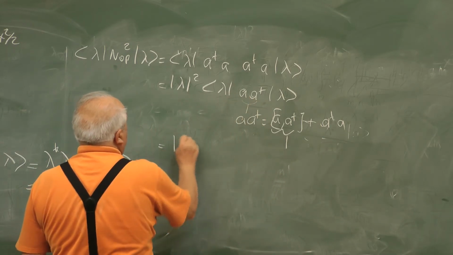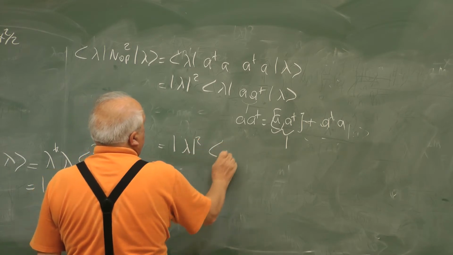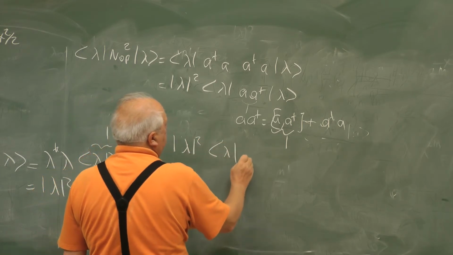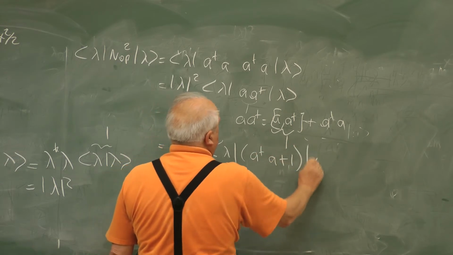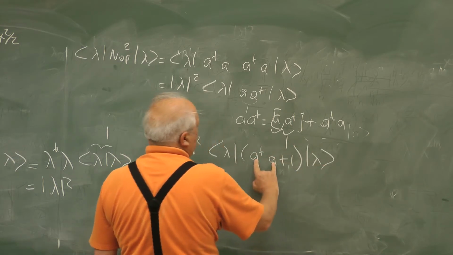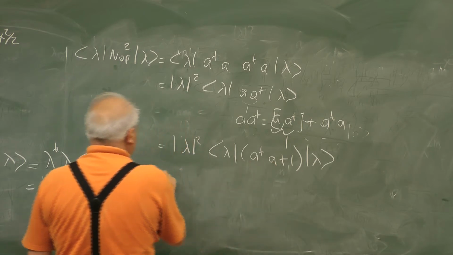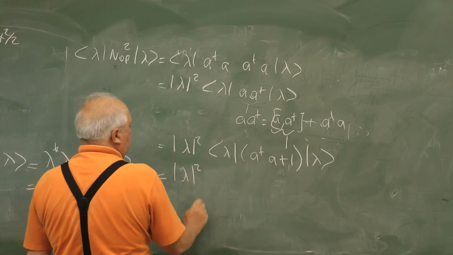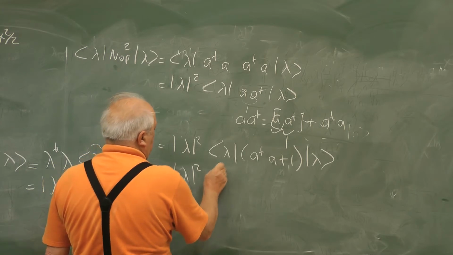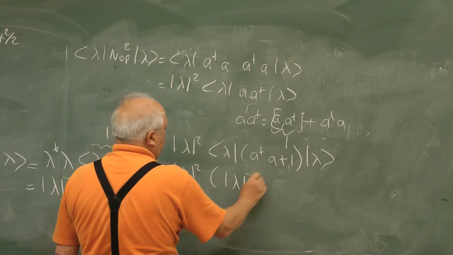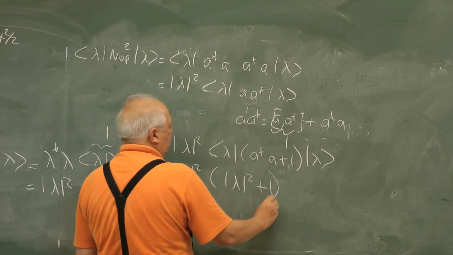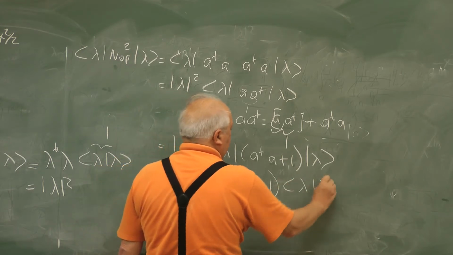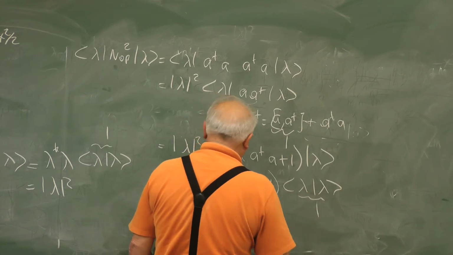This is lambda square, lambda a dagger a plus 1 lambda, and this gives me another lambda absolute square, so it is lambda square times lambda square coming from here plus 1 coming from there times lambda lambda, and this is just 1.